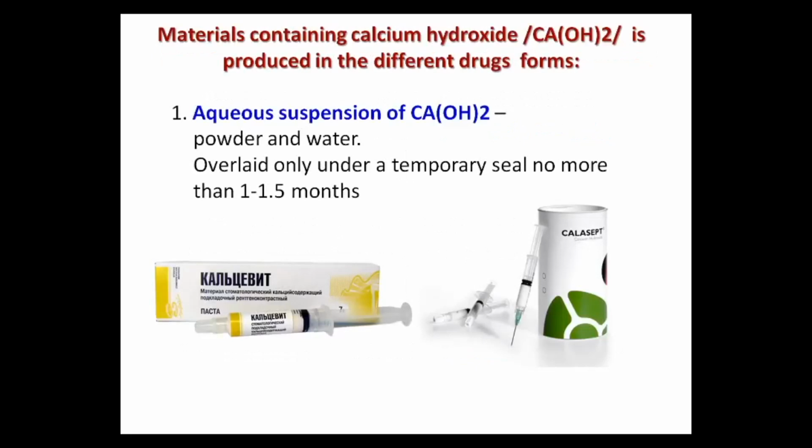Materials containing calcium hydroxide are produced in different drug forms. Aqueous suspension of calcium hydroxide may be powder and water. They are used only under a temporary seal, no more than 1 or 1.5 months.